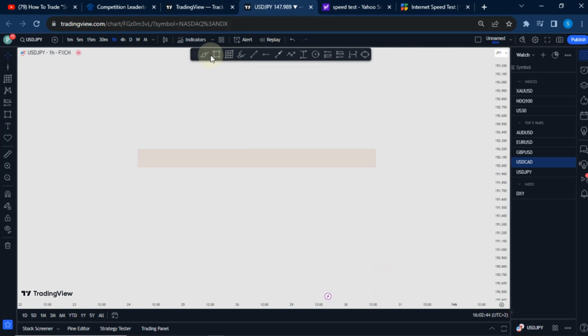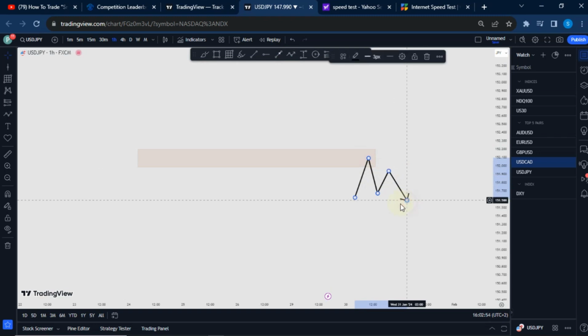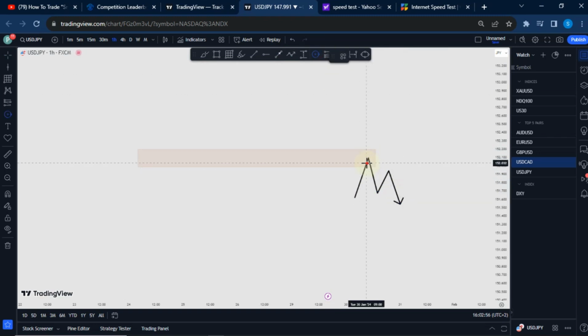Let's say this is our daily supply. Price comes and respects our daily supply, right? Once price taps our daily supply here, we go to smaller time frames. In this case, not smaller time frames, but medium time frames, which is our 4-hour and 1 hour, right?